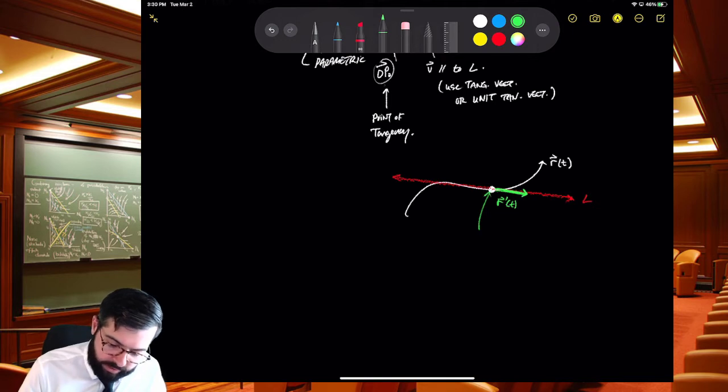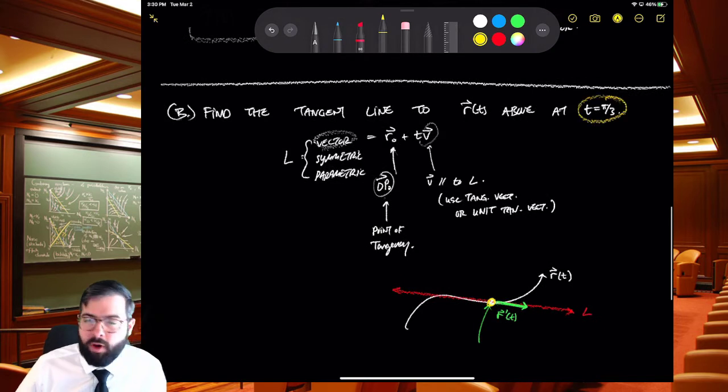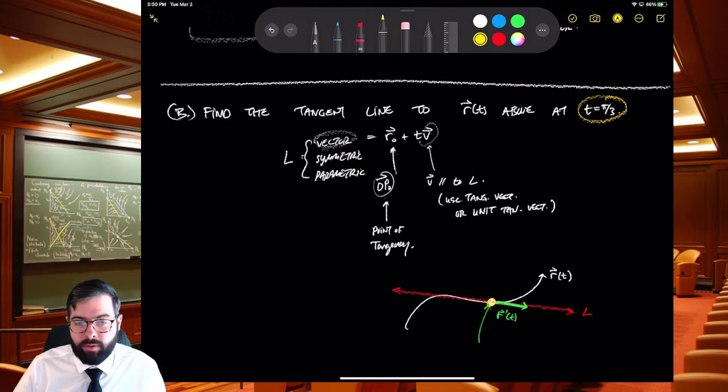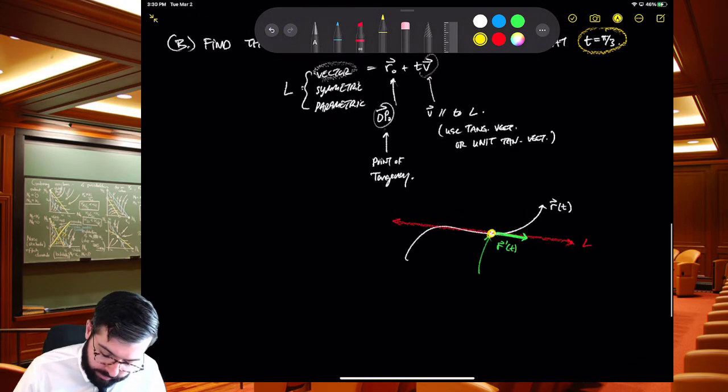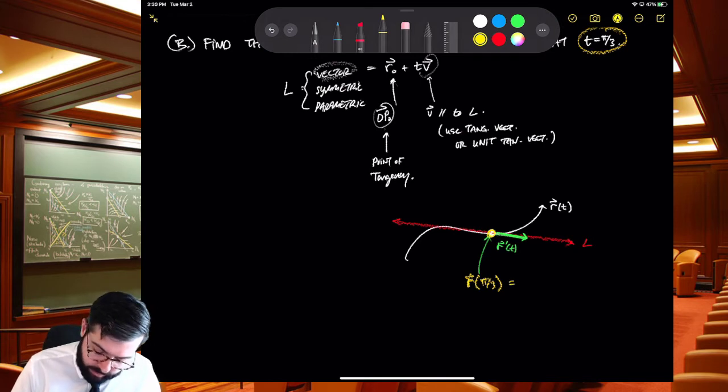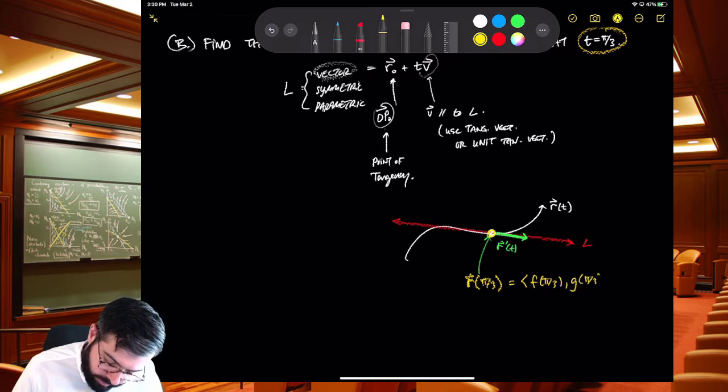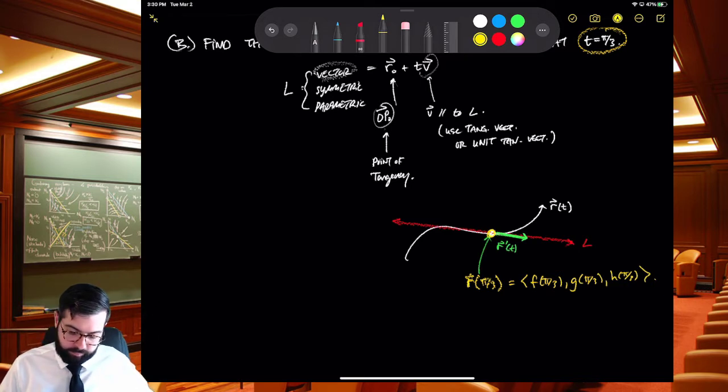And this point right here is at this moment. This is the moment at which we are tangent to the curve. It's the moment we care about. So we're looking for r of pi over 3. That will give us that point in space. It's going to give us f of pi over 3, g of pi over 3, h of pi over 3 as the position. So we're pretty much there. Just a matter of plugging this stuff in and going for it.